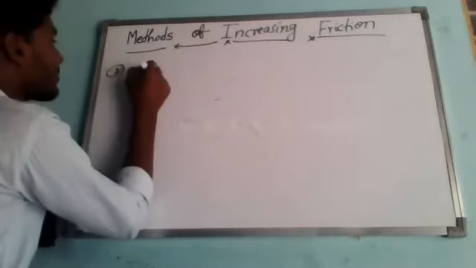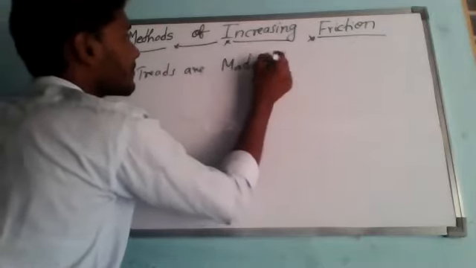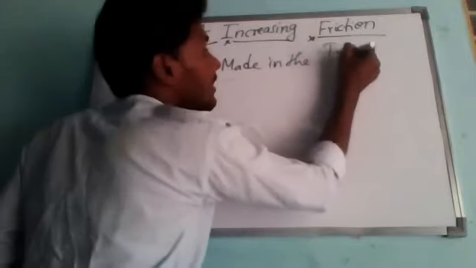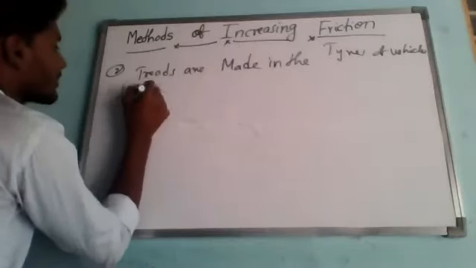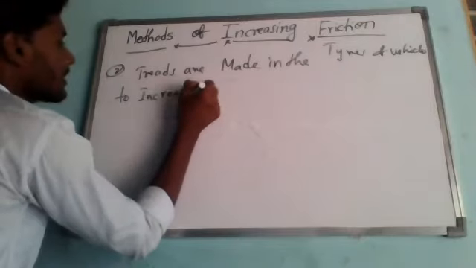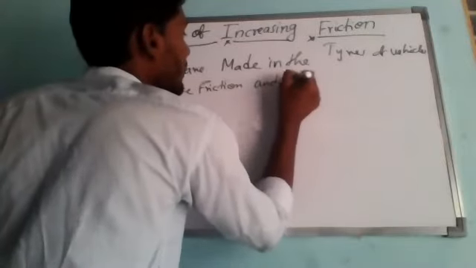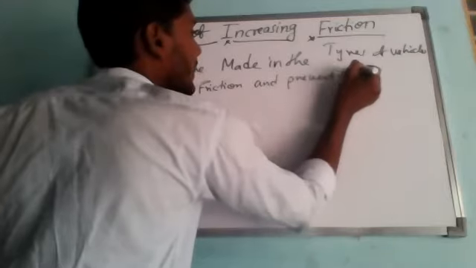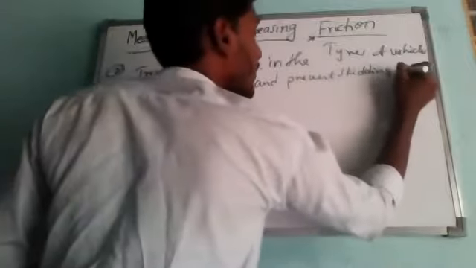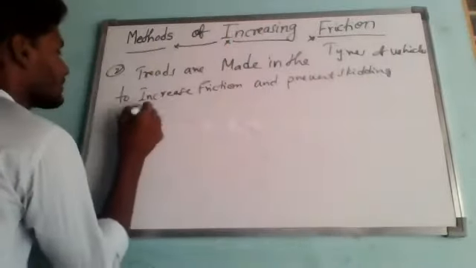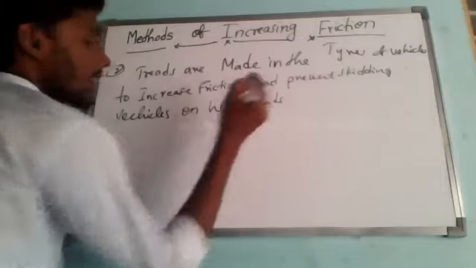Treads are made in the tires of vehicles to increase friction and prevent skidding of vehicles on wet roads. Now we'll see how it works.